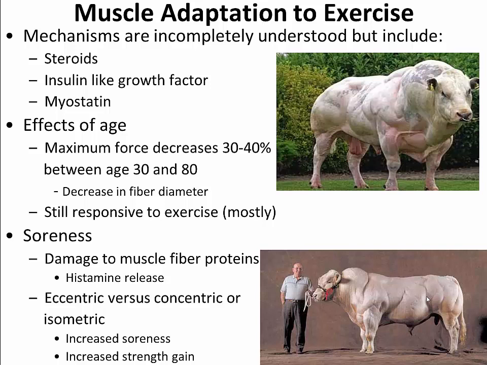Lastly, on this particular slide, we discuss briefly soreness. We're all aware that following exercise, or at least exercise to which we're not accustomed, we experience soreness the following day. This soreness appears to be the result of actual damage to muscle fiber proteins. In electron micrographs of muscles following exercise, we see broken thin filaments and twisted Z discs, and in response to this we have histamine release, which results in the pain and soreness.